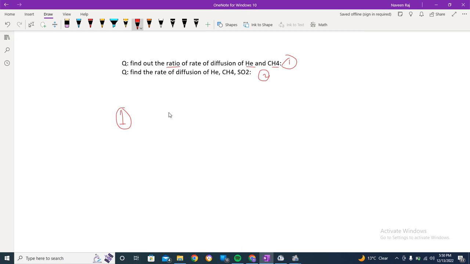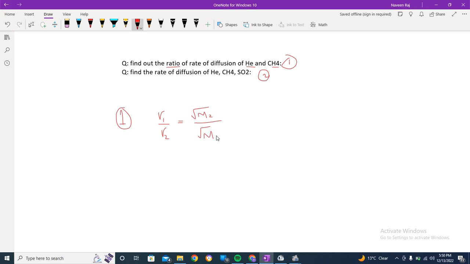Now we know the formula. We discussed two formulas yesterday. When we have a comparison of two gases, we can write R1 upon R2 is equal to radical M2 over radical M1.